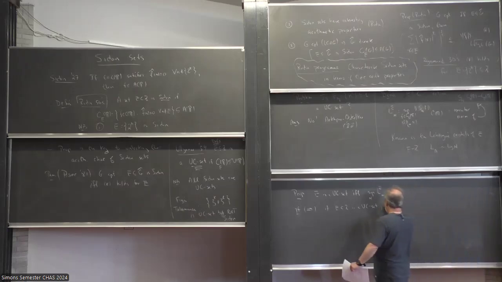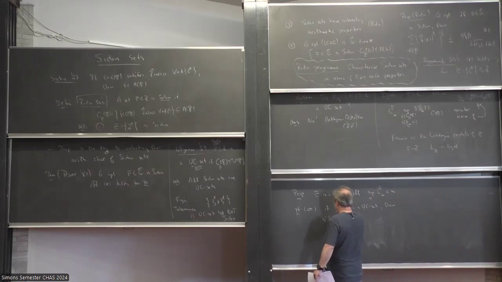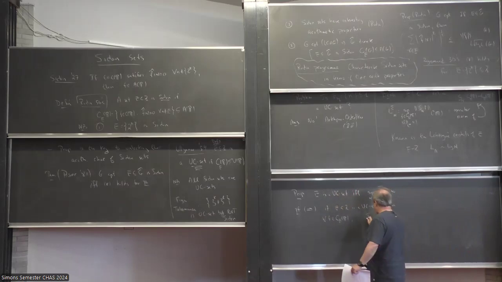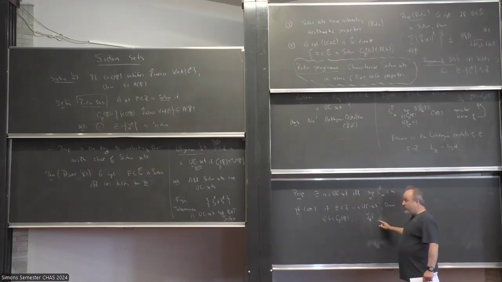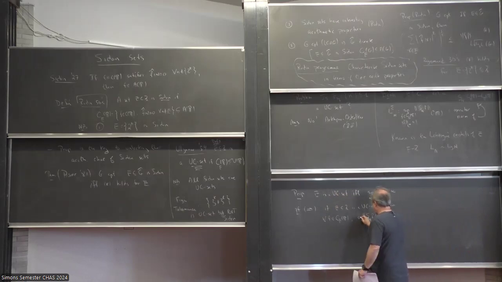Then I know that for every function Fourier supported in E, it has a uniformly convergent Fourier series, and in particular, these partial sums are converging in the L infinity norm. So if I take the L infinity norm of these, fixing f and taking the sup in N, this is necessarily finite.